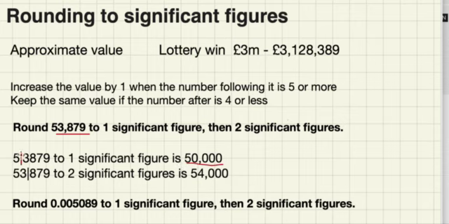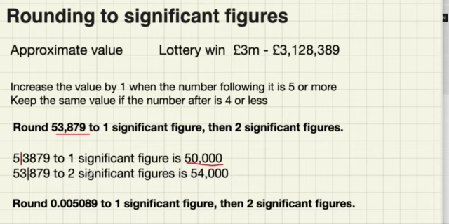Because this number is 4 or lower, the first number doesn't change. So if I have a collection of stamps and someone asks how many I have, and the answer is 53,879, in shorthand I would just say it's 50,000.